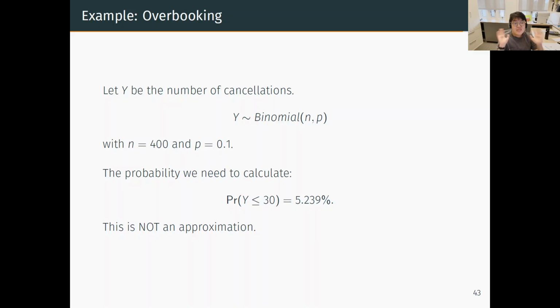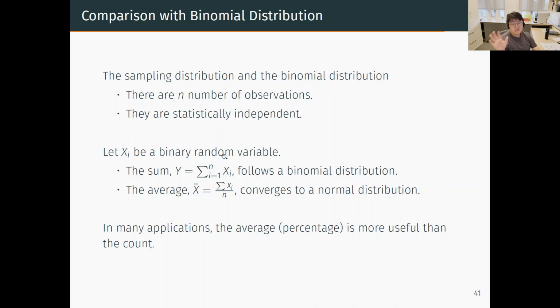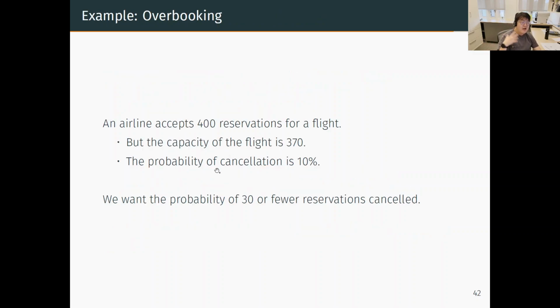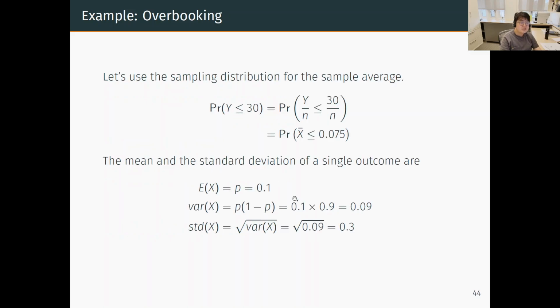So we can calculate this probability based on the binomial distribution. This is not an approximation. We are using the binary random variable, so it's exactly 5.239%. But we may also use the approximation to normal, right? Earlier we were interested in the probability that the number of cancellations is 30 or less. But if you divide it by the sample size, the left-hand side is an average.